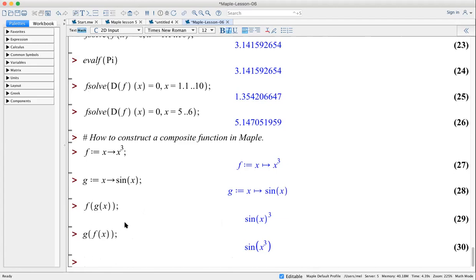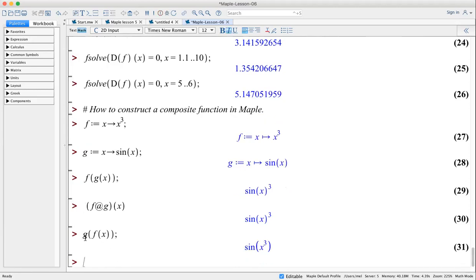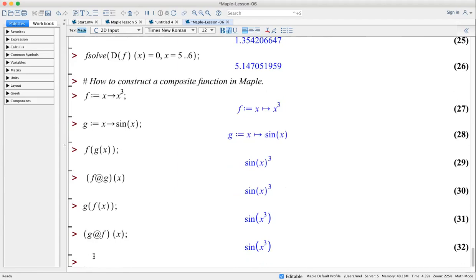The notation in Maple for constructing a composite function is f at g. So you put that in parentheses and calculate that at x, and it's sine x cubed. Similarly, if I want g composed with f, g at f of x is the sine of x cubed.